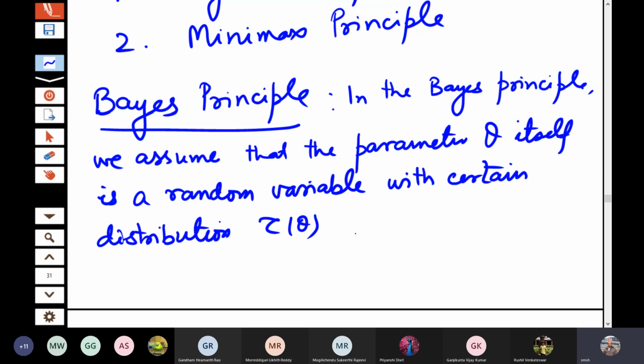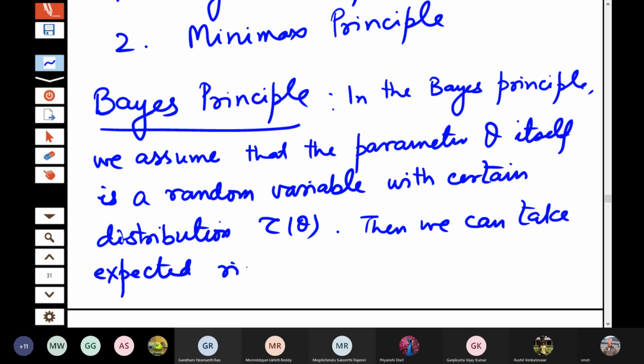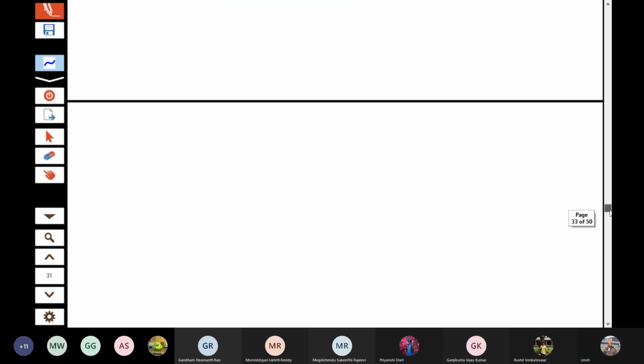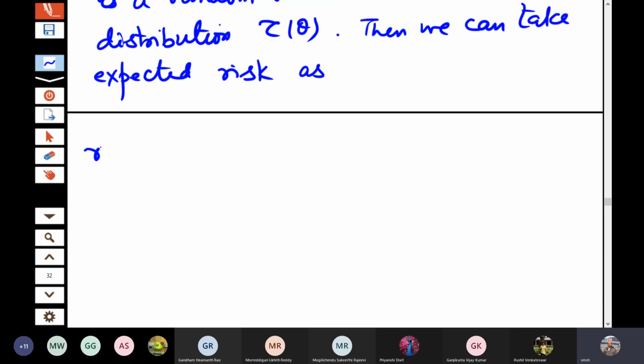So then we can take the expected risk function, or expected risk, as, let me give some name here, r tau delta, that is expectation of r theta delta.